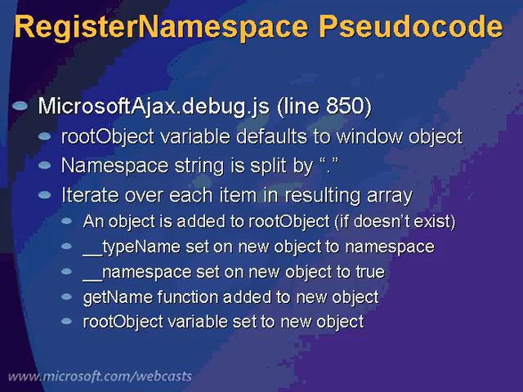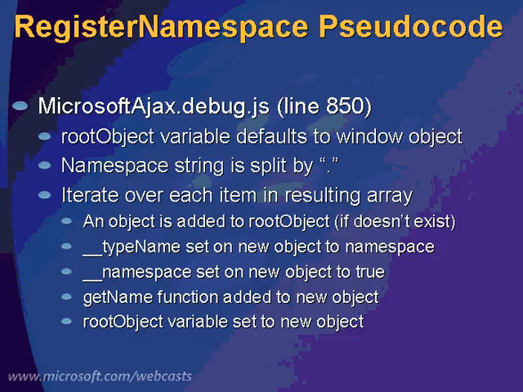We iterate over each item in that resulting split array. We add an object to the root object if it doesn't exist each time, and then we set a couple of properties. The typeName is set on the new object to whatever that namespace is, and namespace is set on the new object to true. We also add a getName function to that object, and then the root object is set to this new object.